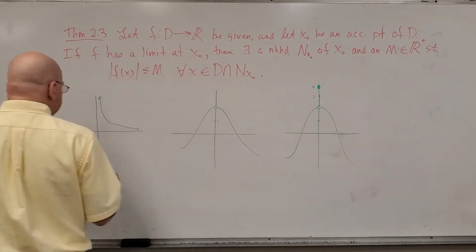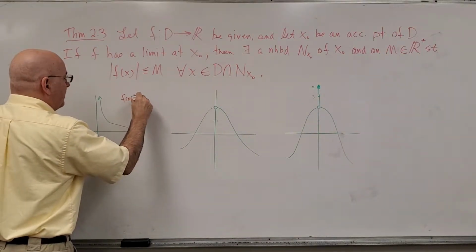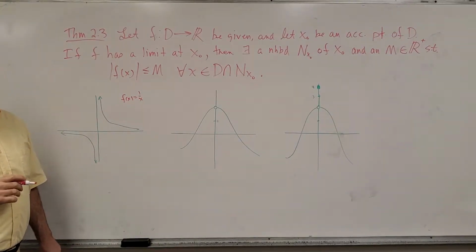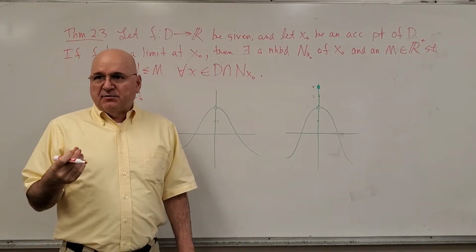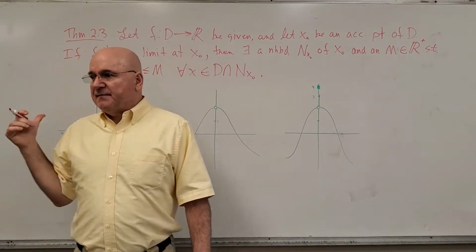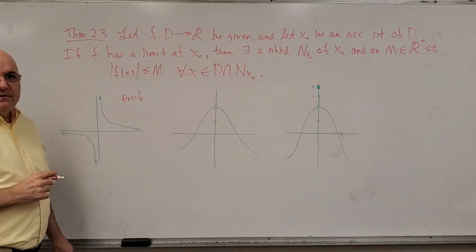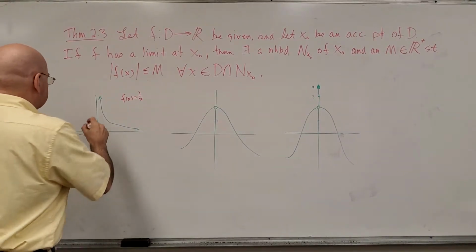This one, which I tried to make look like the graph of f of x equals 1 over x, is not defined at x equals 0. So the function doesn't need to be defined at x equals 0 to have a limit, but the limit doesn't exist here because it's unbounded. When you get near 0, the function is unbounded.